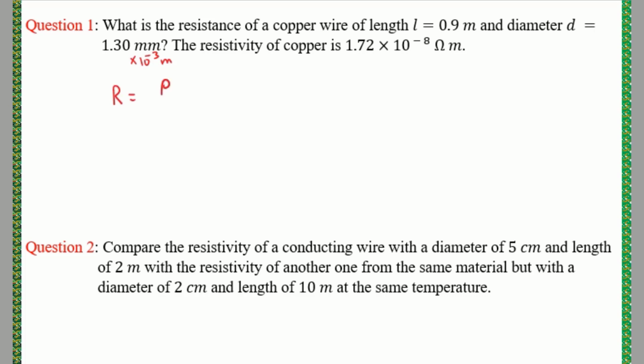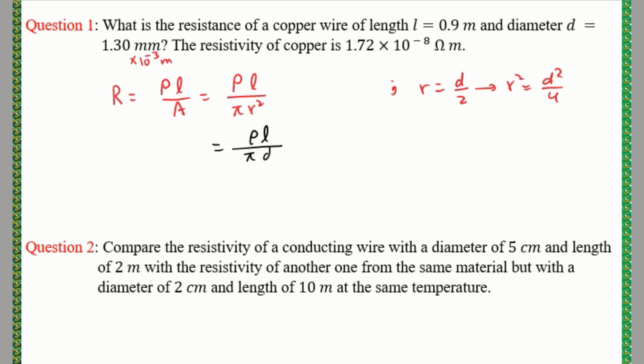R equals rho L over A. Rho L over A, where A is pi R squared. And R is equal to D over 2. So R squared equals D squared over 4. We can rearrange this equation to rho L over pi D squared over 4. Then it is 4 rho L over pi D squared.